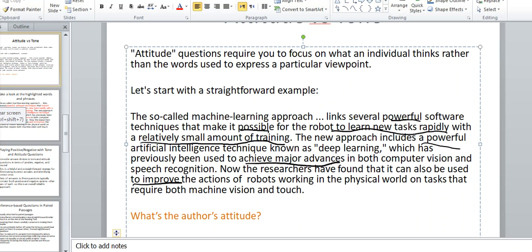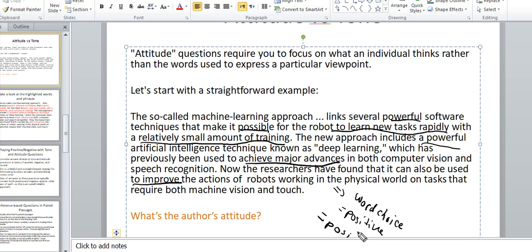Okay. What is the attitude of the author, based on what we have read? So since the word choices are actually encompassed with positivity, then his attitude is positive.